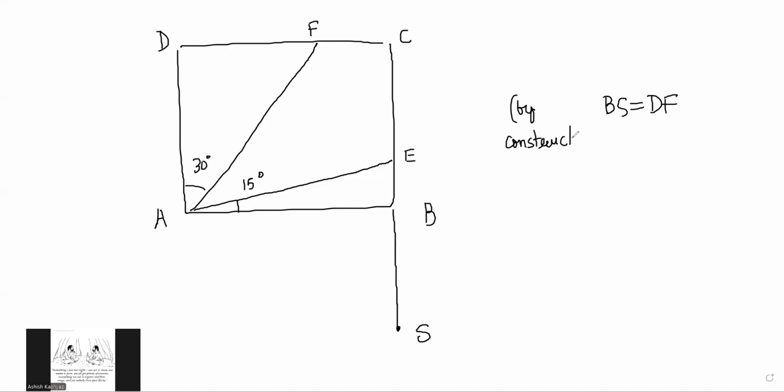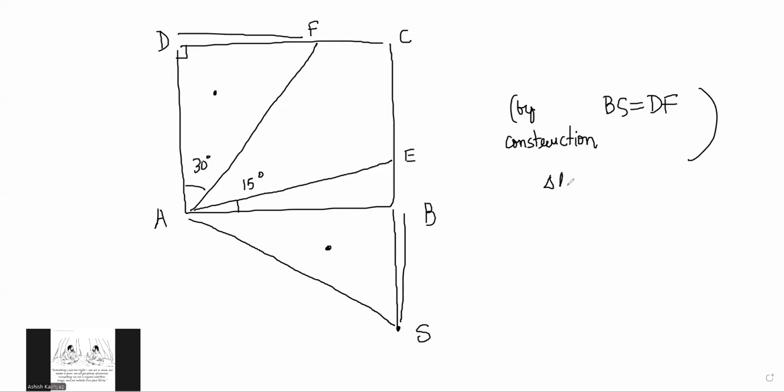Do you understand what I'm saying? So now I join this, and because BS is equal to DF and 90 degree and one side is here, one side is here, by SAS it is congruent to this, right? Triangle ABS is congruent to triangle ADF.